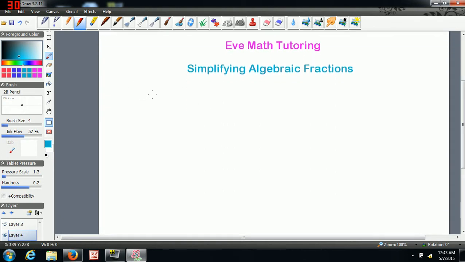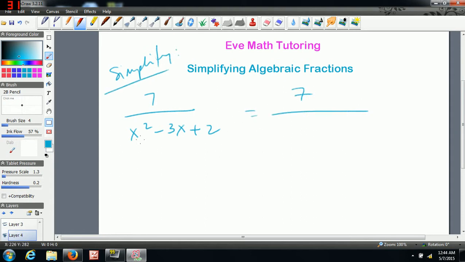So say we want to simplify something like 7 over x squared minus 3x plus 2. So what you want to do is see if you can factor the denominator. To factor something like this, I have to think of two numbers that add to -3 and multiply to 2. So the two numbers that would do that would be -2 and -1.